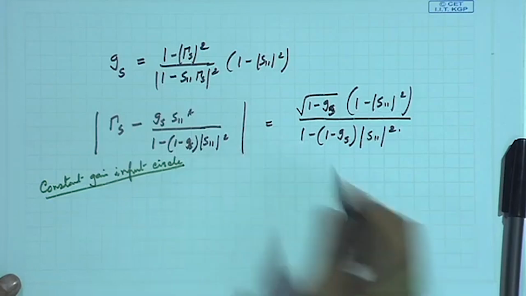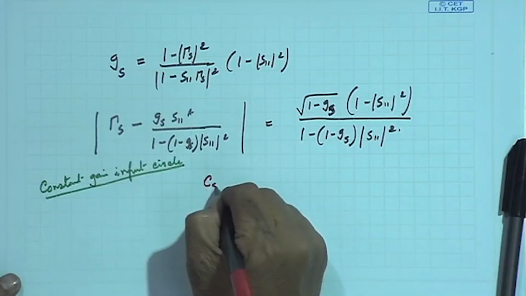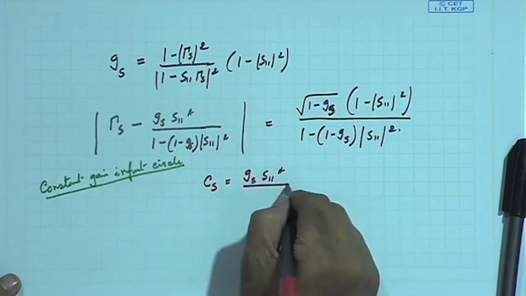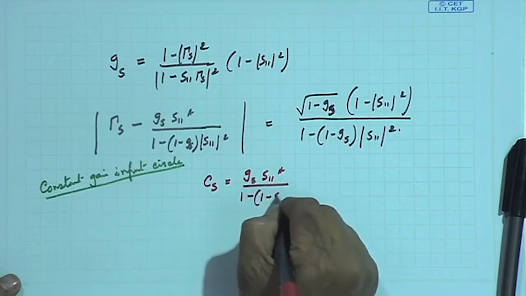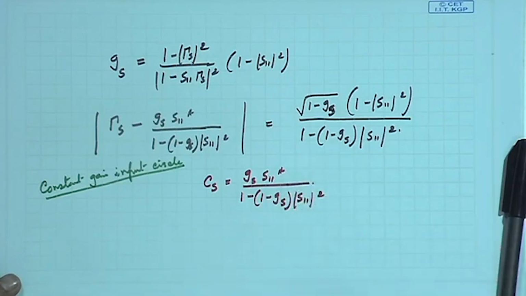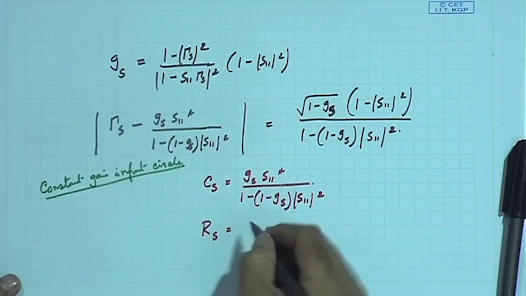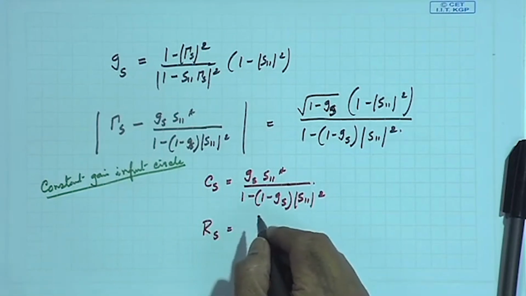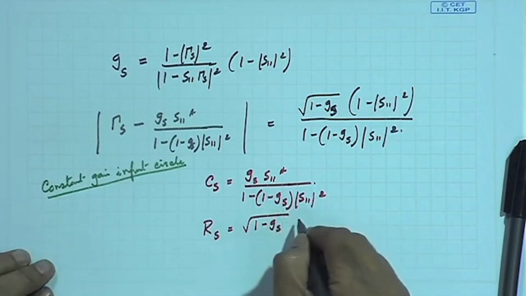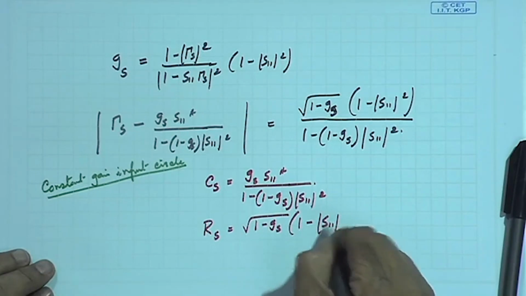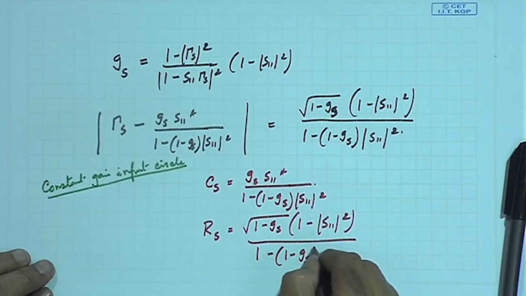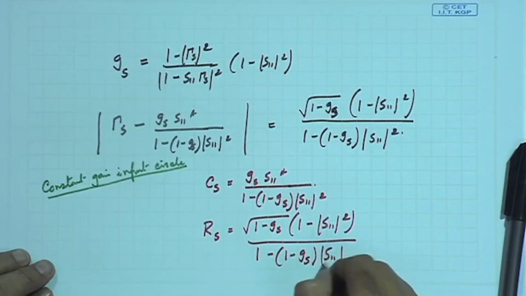So, what will be my CS? CS will be GS S11 star by 1 minus GS S11 square, and what will be my radius? Radius will be root over 1 minus GS, 1 minus S11 square, by 1 minus GS S11 square.